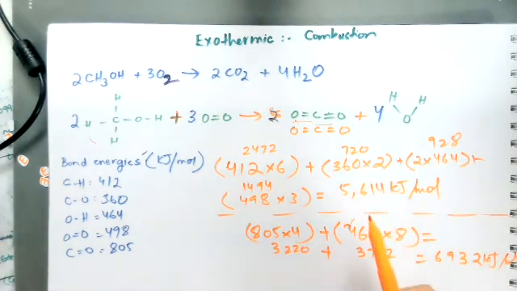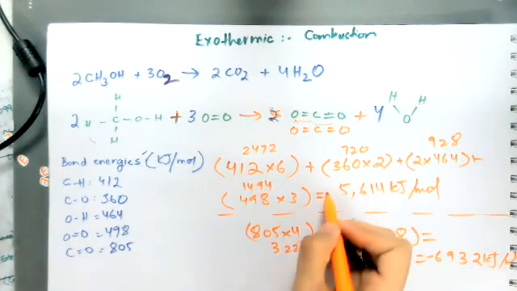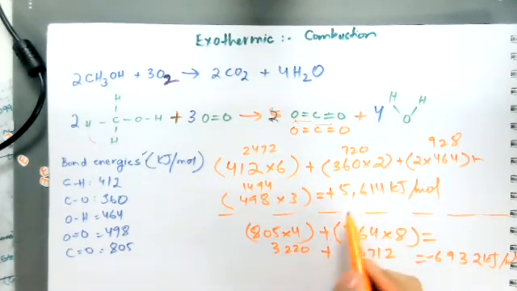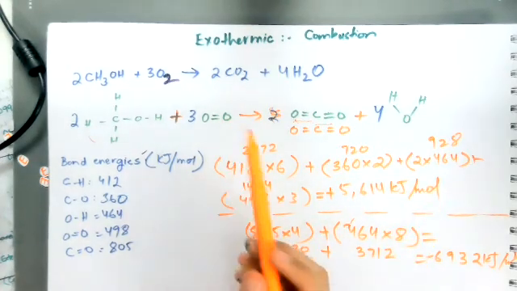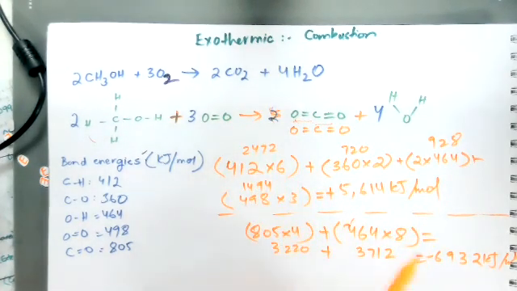So I think they use negative for the energy released and positive for the energy absorbed. Yeah, so the energy taken in was less than the energy given out. So that's why this is an exothermic reaction.